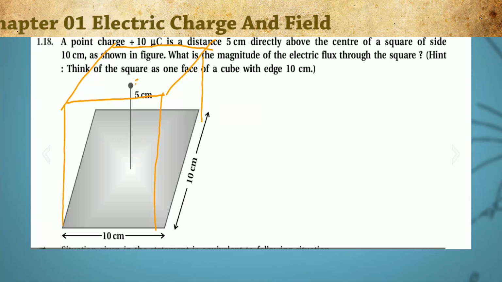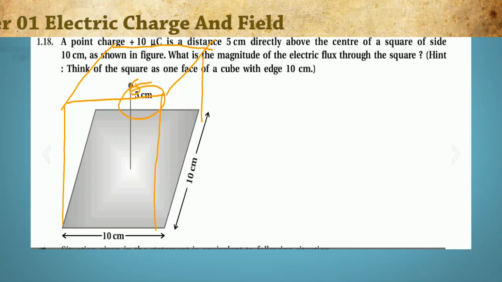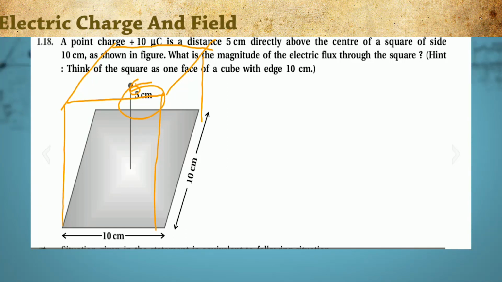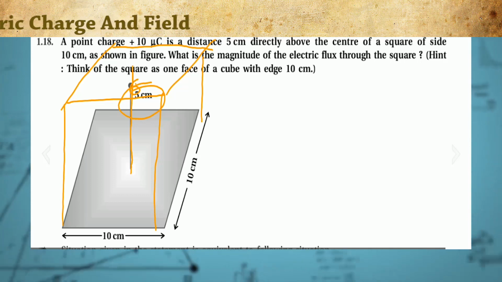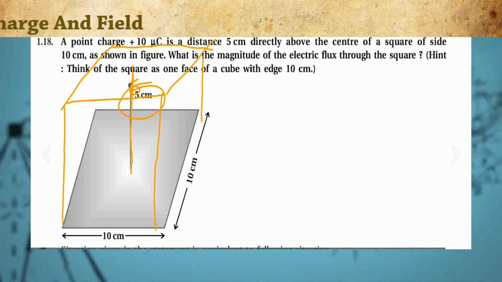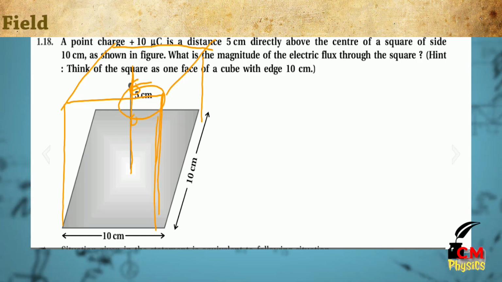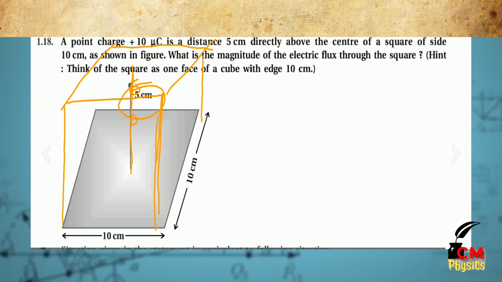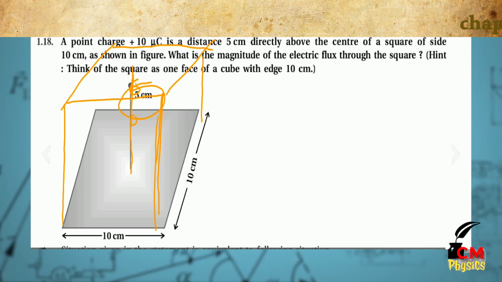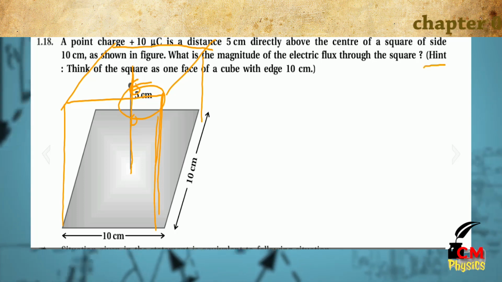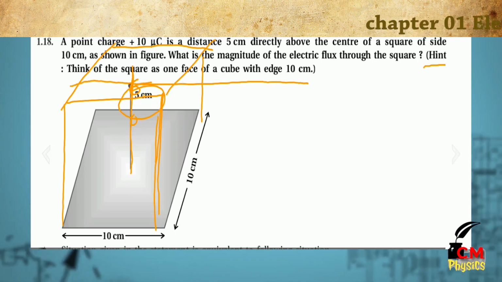At the center of the square you are placing the one charge, because this is 5 centimeter, the distance above is also 5, then total height is 10 centimeter and the charge is at 5 centimeter, that means the center of the square, which is the hint given to you.